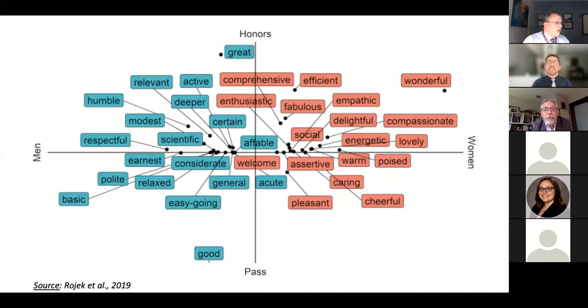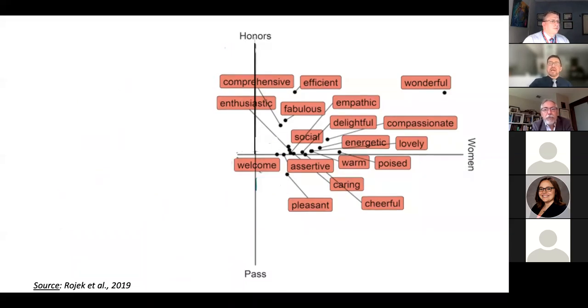So I want us to take a minute to look at just the side on female identified adjectives that were used and that emerged as being statistically significantly different than the terms used for men. So what are you seeing in this side of the chart? Anybody can chime in.